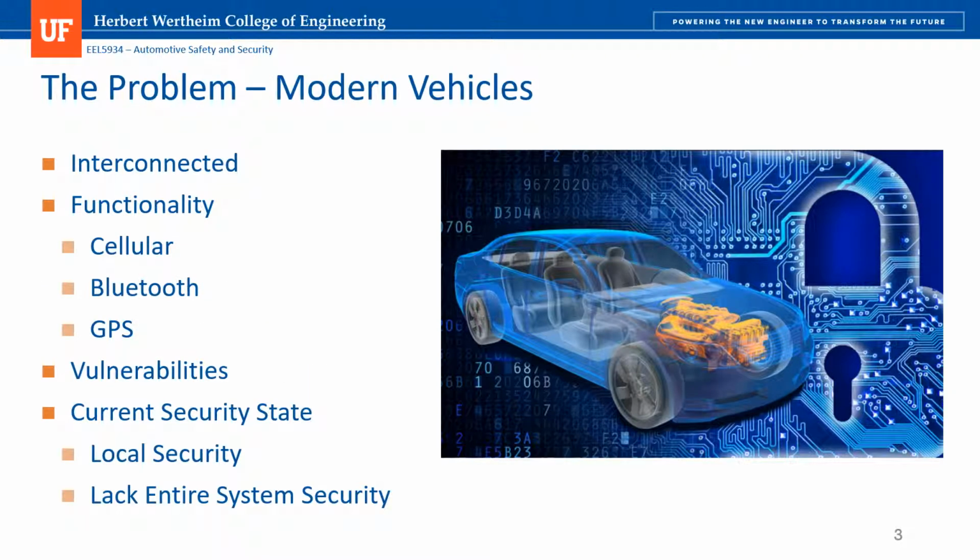Today's automotive industry is faced with kind of an interesting problem, where the modern vehicle is trying to go towards a very interconnected design style where you have these added features such as cellular network capabilities, GPS, Bluetooth, and all of these are great for improving features in the vehicle, but they also pose an equal amount of vulnerabilities to the system.